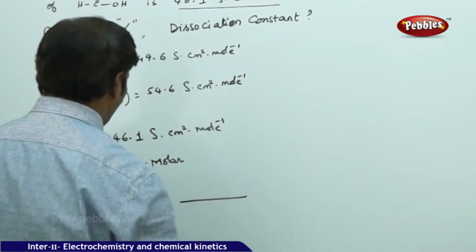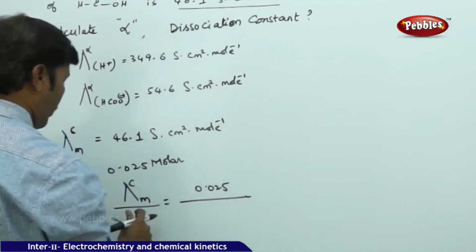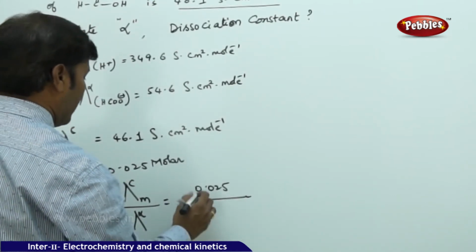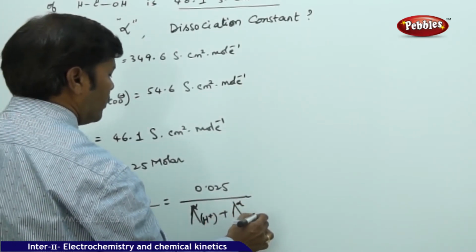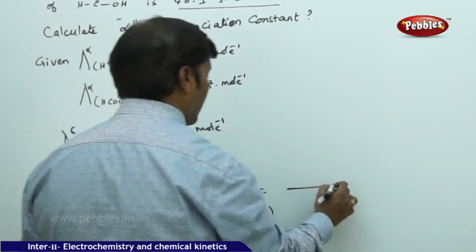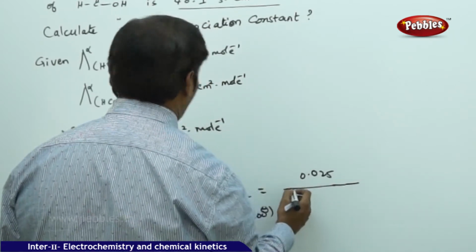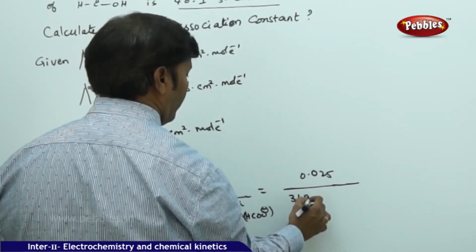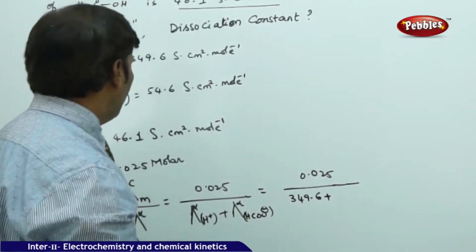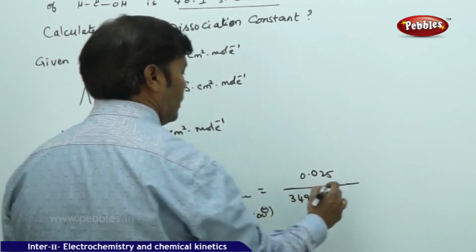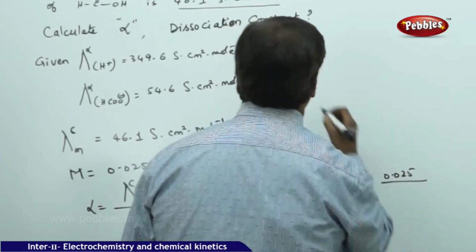The molar conductance at the given concentration is 46.1 for 0.025 molar, so I am going to substitute that. The molar conductance at infinite dilution is given by the molar conductance at infinite dilution of H plus ion plus the molar conductance at infinite dilution of formate ion, that is 349.6 plus 54.6.